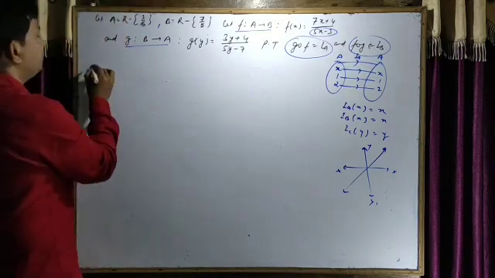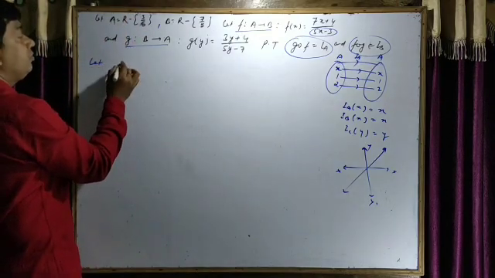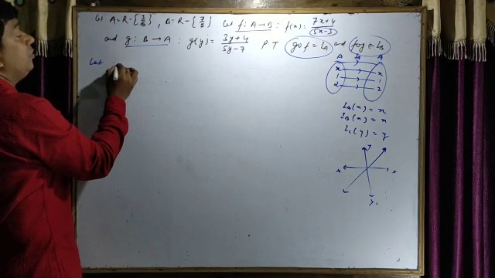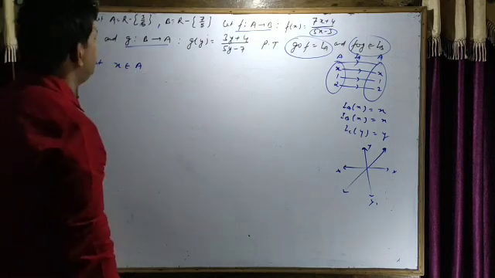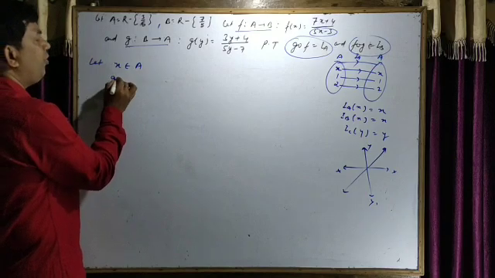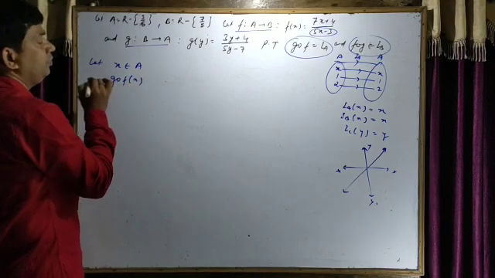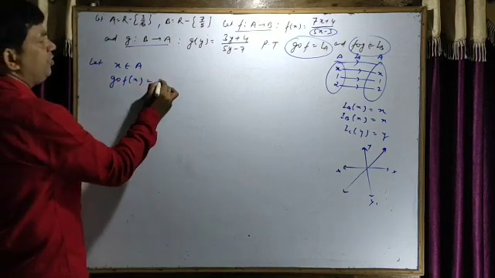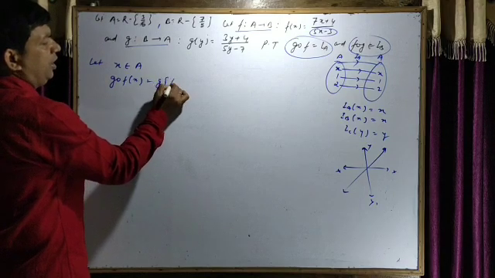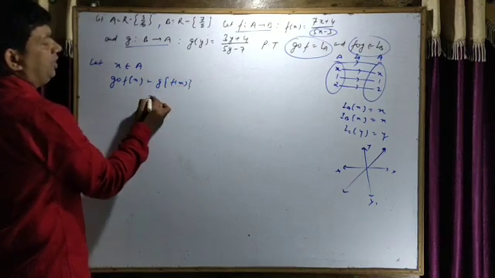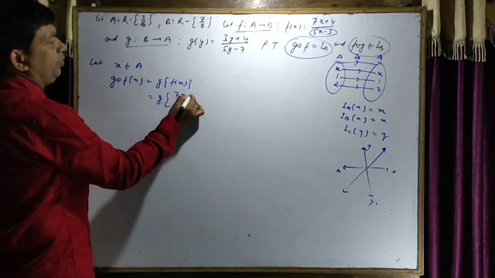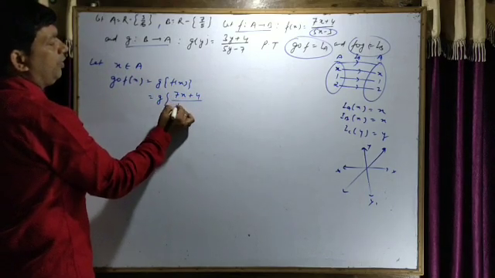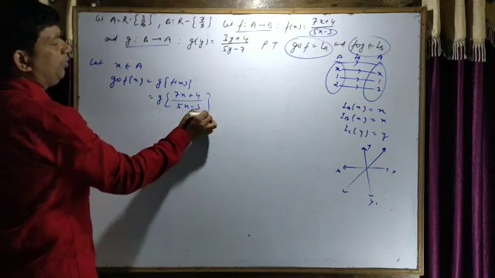So let x belong to A. If I take x as an element of A, then gof of x means g(f(x)). So what is g(f(x))? f(x) is (7x + 4)/(5x - 3).